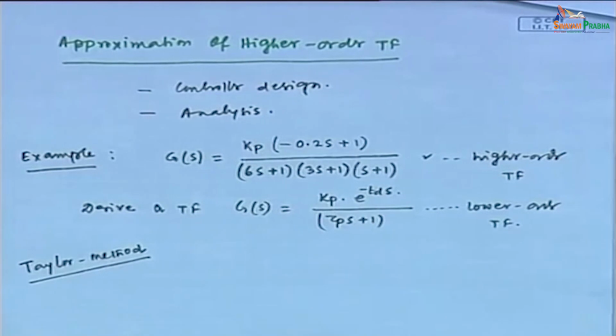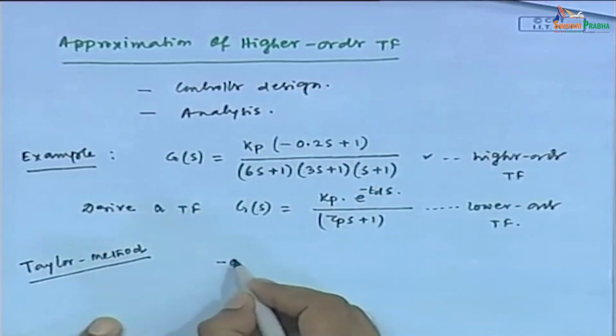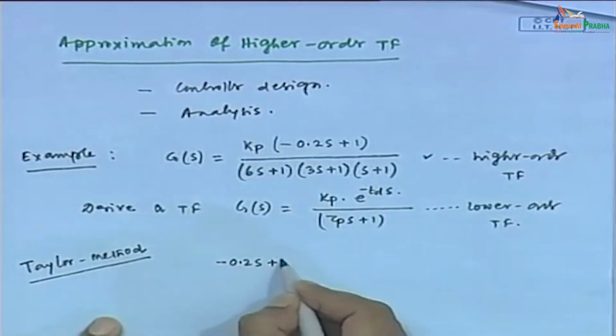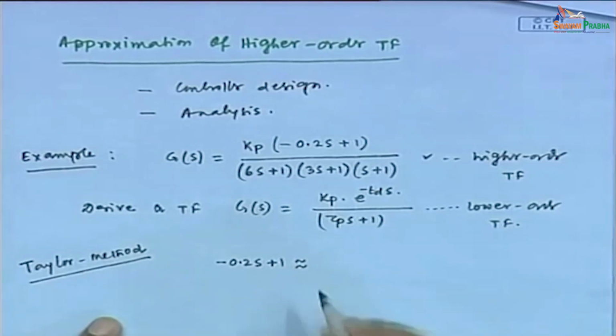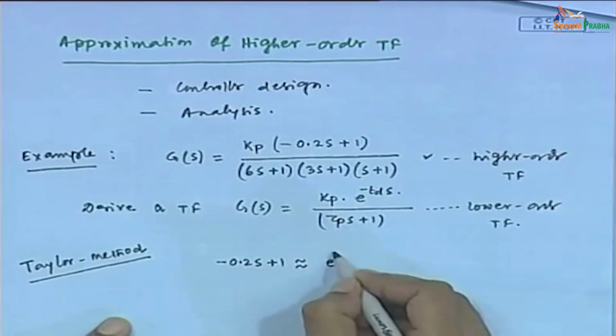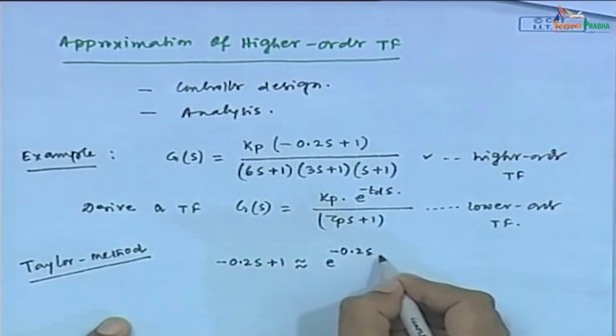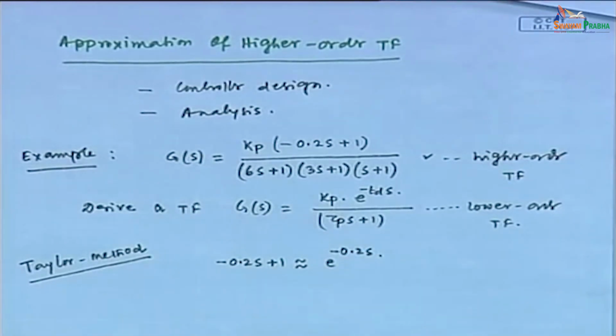Now, according to the Taylor method, minus 0.2s plus 1 is approximately equal to exponential of minus 0.2s. Agree?